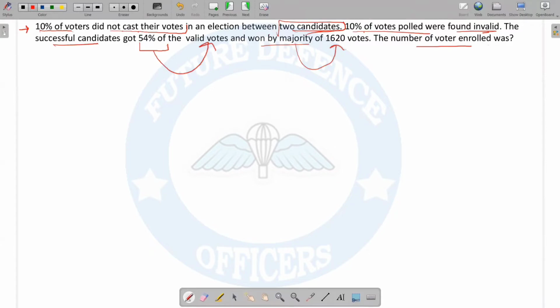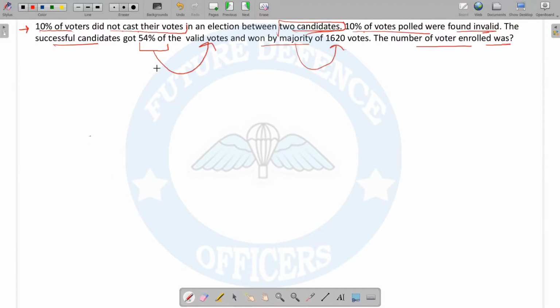The number of voters enrolled was? Everyone tell me what I should assume first. 100x. So the number of voters enrolled we are taking as 100x.